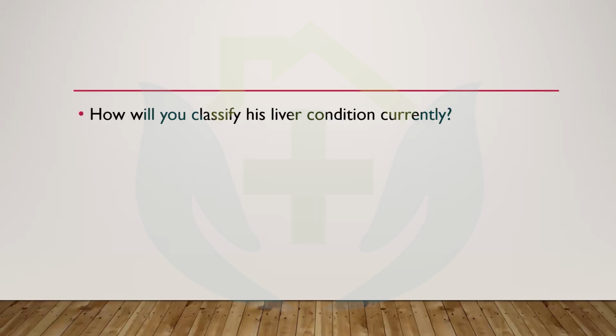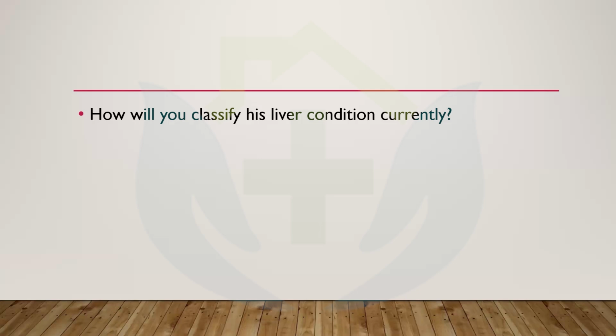So, how will you classify his liver condition currently? According to Child score, he will be Child C. He has hepatic encephalopathy, he has ascites, albumin low, bilirubin elevated, and according to Child score, will be Child C. Any more classification you can think about for his present liver condition?